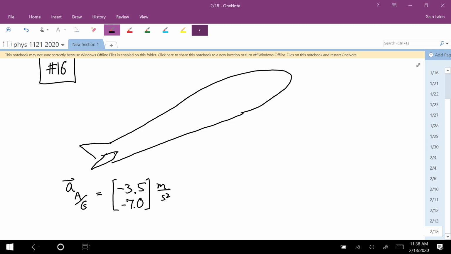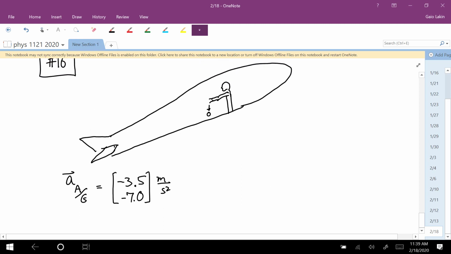The passenger drops an object. What would the acceleration appear to be to an observer on the plane?